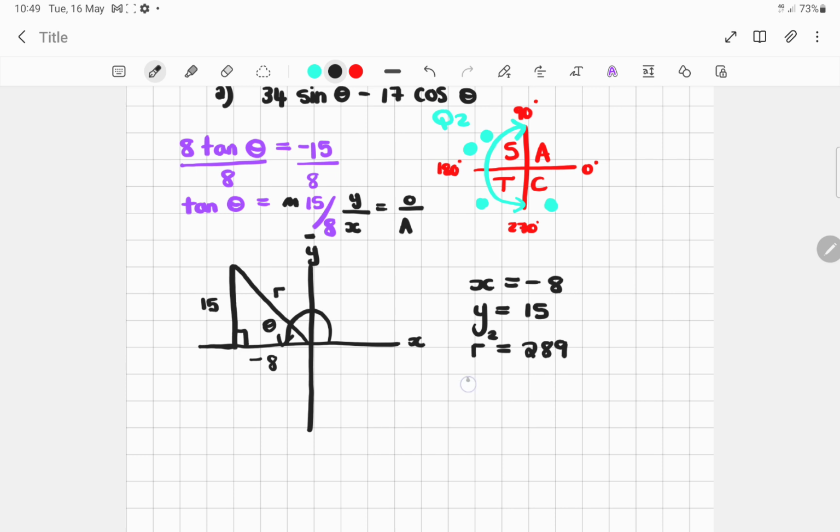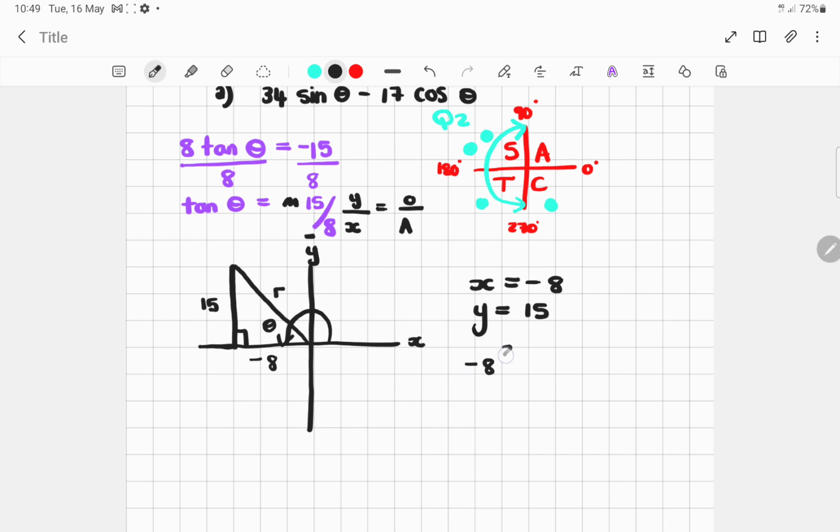289 for r squared. So r is going to be plus minus the square root of 289. No. Sorry, I'm doing something wrong. It won't give you a plus minus. Let's just write it up in the Pythagoras style.